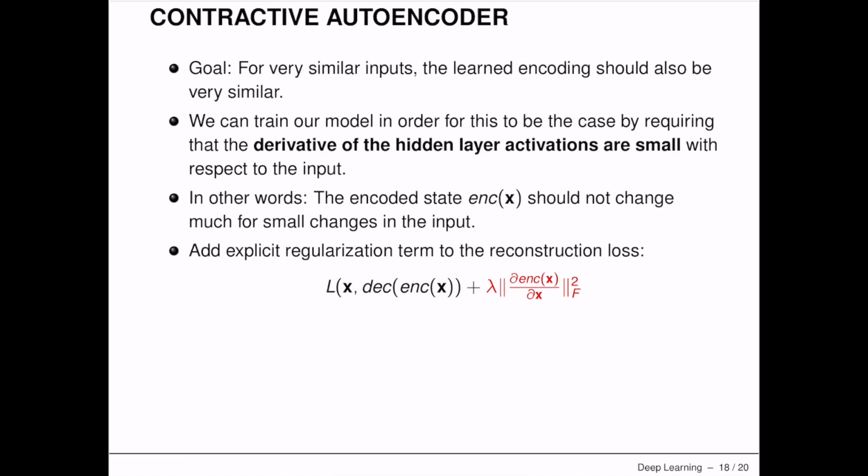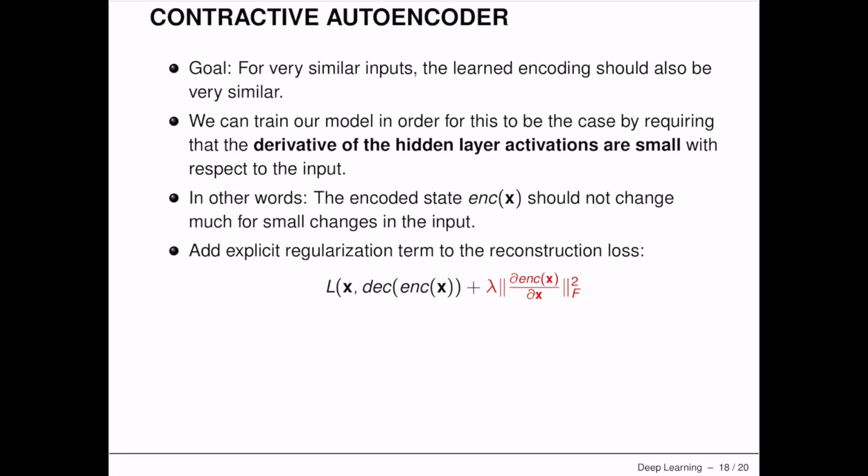In this formula, as the hidden activations correspond to the output of the encoder, we add a regularization term to our loss function, where we have the Frobenius norm of the Jacobian matrix of the encoder function.